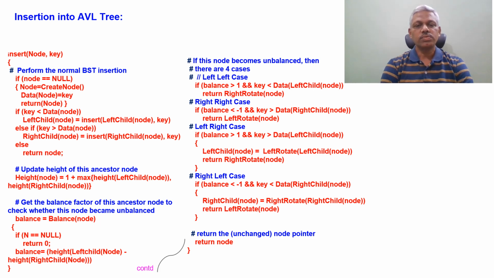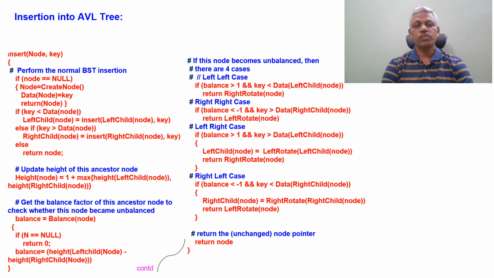Then how do we achieve the balance? We achieve the balance with a combination of 2 rotations, of course. First, we left rotate on the left child of node, and then on that we perform the right rotate on the node. So because of the combination of these 2 rotations, as we have seen in the previous slides, balance can be achieved.